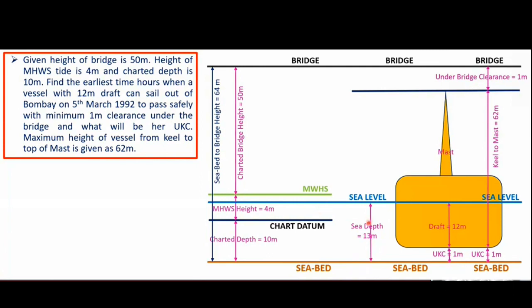So this depth of the seabed shall be the charted depth, which is 10 meters, plus the height of tide. So when the vessel crosses this bridge with the under bridge clearance of 1 meter, the height of tide required shall be 3 meters, and UKC would be 1 meter.